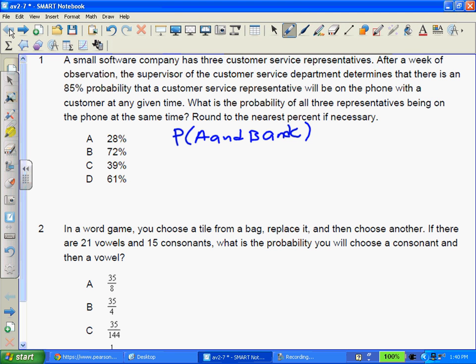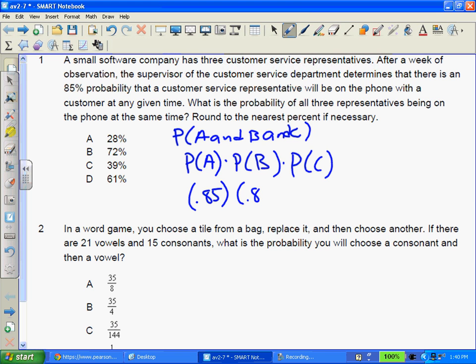So that's the probability of A times the probability of B times the probability of C. Well, each one is 85%, which can be written as a decimal, 0.85, times 0.85, times 0.85.